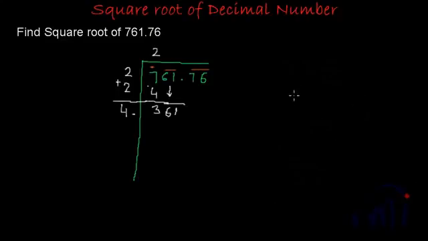So let's assume the next digit as 7, or let's skip 7, let's assume it as 8. So 48 multiplied by 8: 8 8s are 64, 6 carried forward, 8 4s are 32, plus 6 is 38, right? So we get 384, which is bigger than 361. So I think 7 will be the perfect choice.